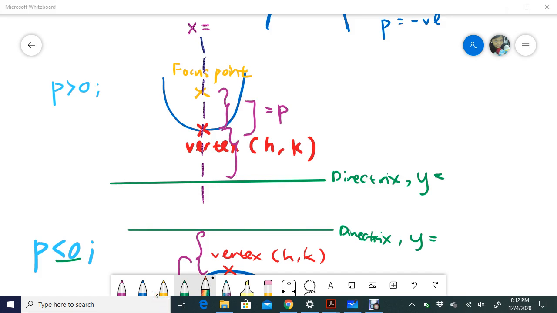So in this case it will be h. The same goes for your focus point, which will be h.